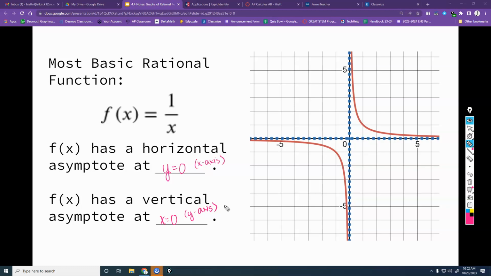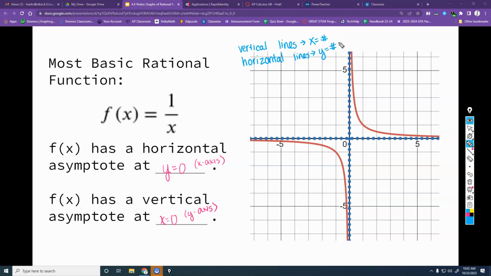It's the opposite, yes. So vertical lines are going to be x equals a number, and horizontal lines are going to be y equals a number. So you might even want to write that down as a note there. Vertical lines are x equals a number, and horizontal lines are y equals a number.